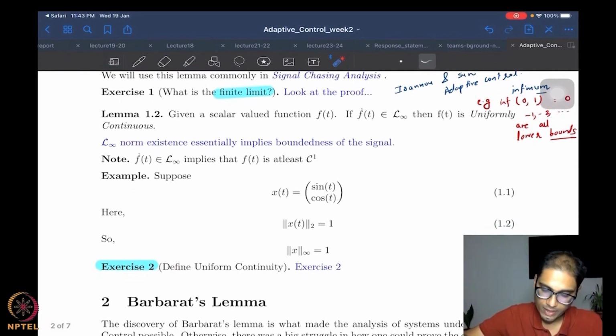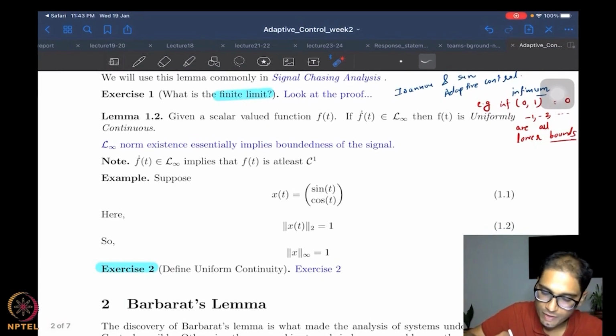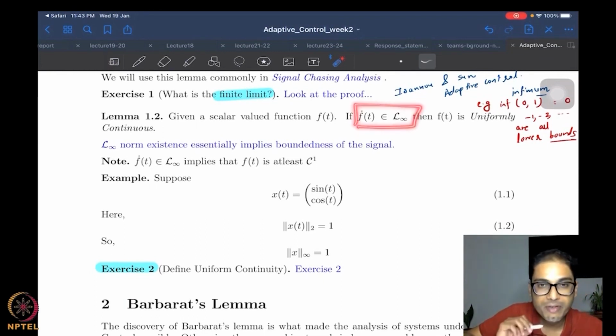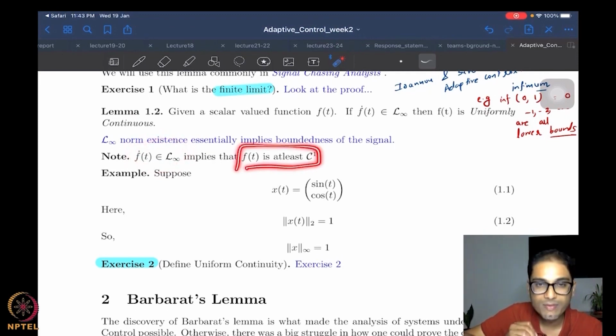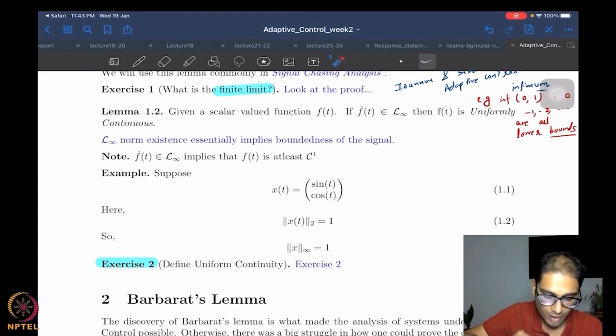So we are saying that if a scalar valued function is such that its derivative is bounded, then the function is uniformly continuous. It should be evident that if a derivative is bounded, then f is at least a C1 function, that is, once continuously differentiable, because otherwise I cannot even speak of the notion of f dot.